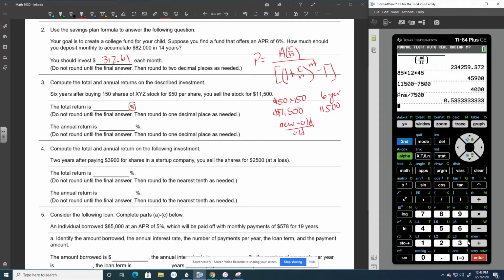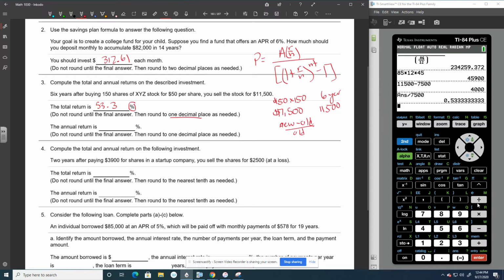And that tells me that my total return is I increased 53.3%, because it tells me to round to 1 decimal place. So in total, I increased 53.3%, which sounds right, because 4,000 is a little more than half of 7,500. The annual return, remember, I just have to figure out if this is my total return.